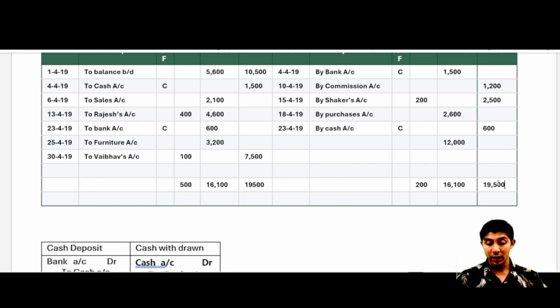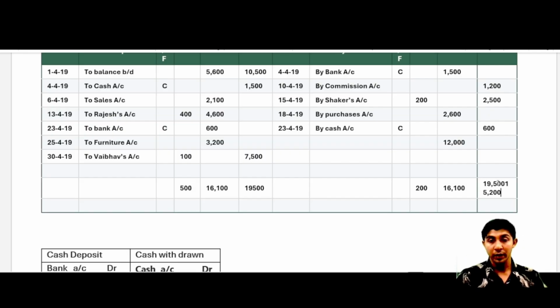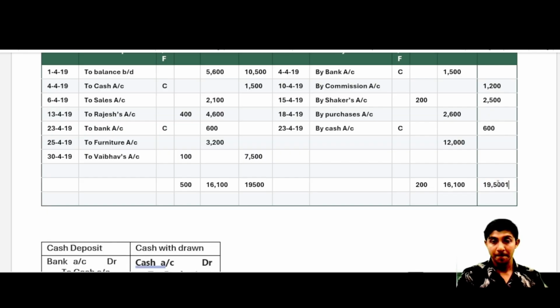So answer कितना है हमारे 15,200 is the balance of bank.